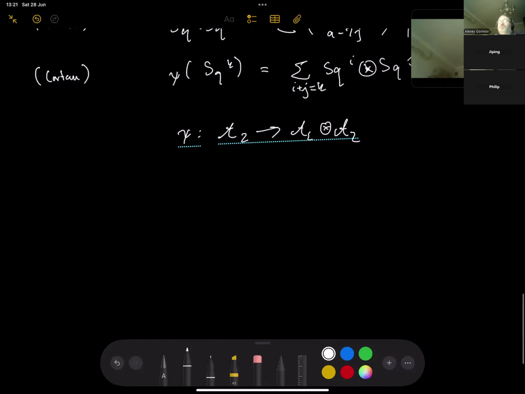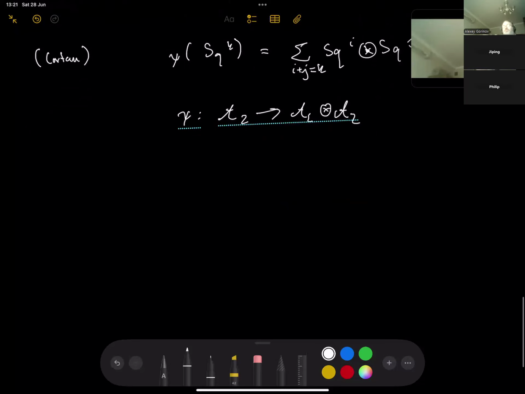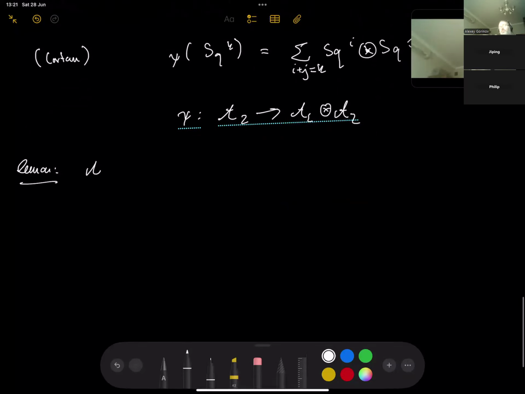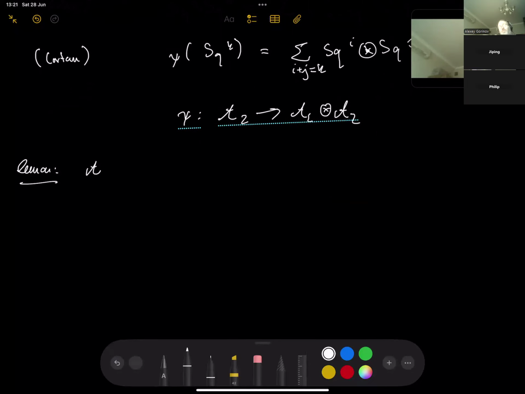Okay, and so then we will need to use a lemma.